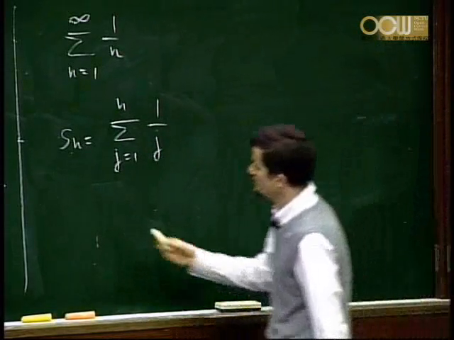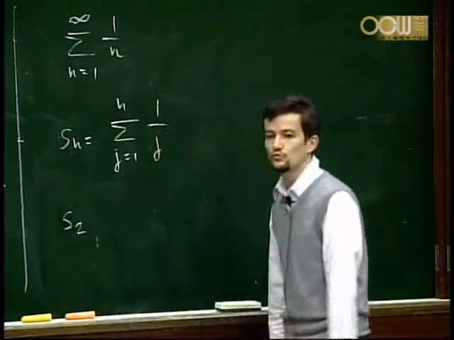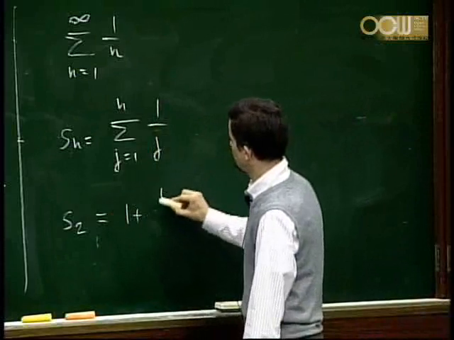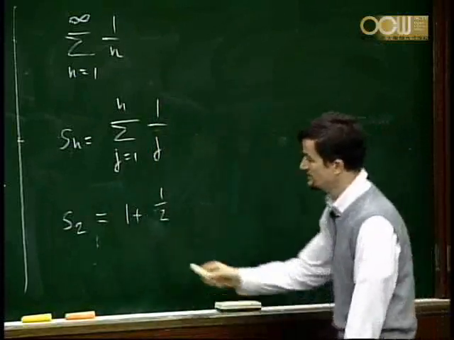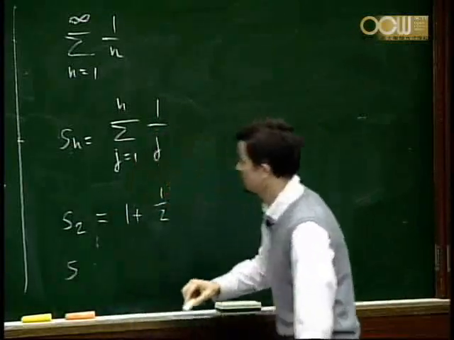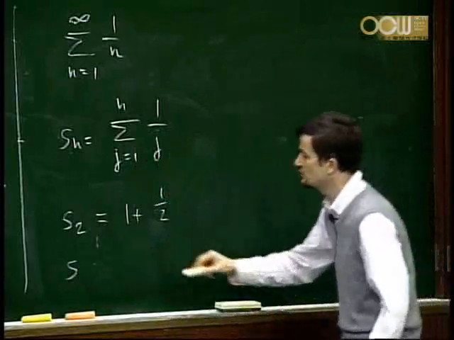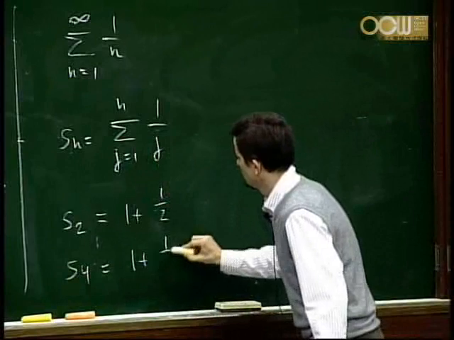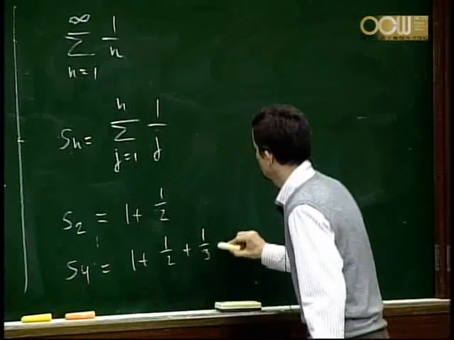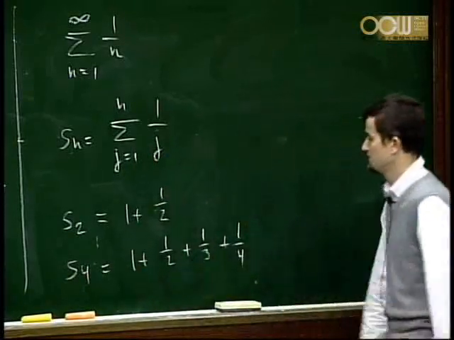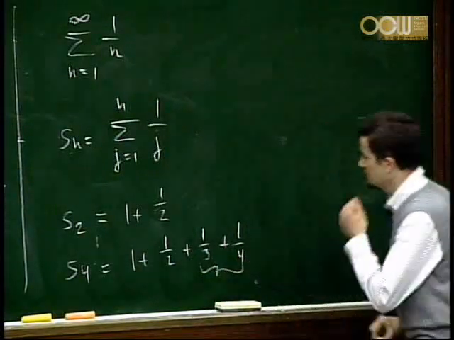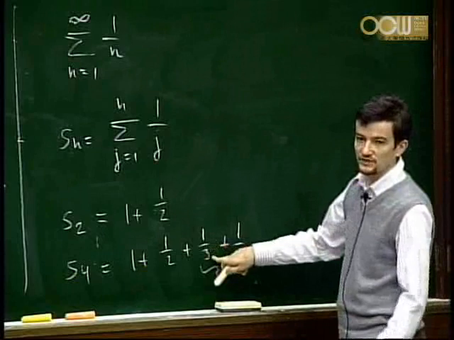Now, you see here, for instance, S2 is equal to 1 plus 1/2. Now the next one, we do not look at S3, let's immediately look at S4. So S4 is equal to 1 plus 1/2 plus 1/3 plus 1/4. But if you look at those two terms, then 1/3 is larger than 1/4.